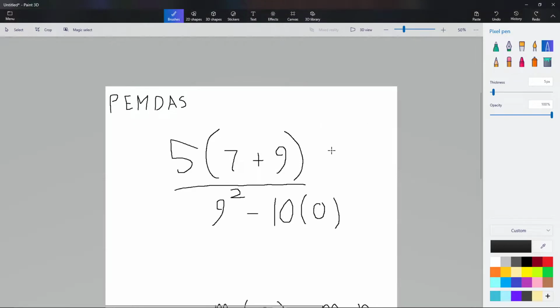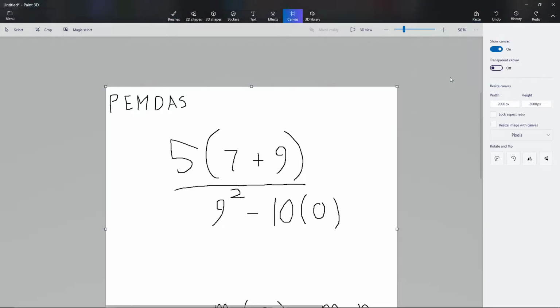Enough stalling. We're going to just expand our canvas even more here. I do not think I need to, but I actually do.